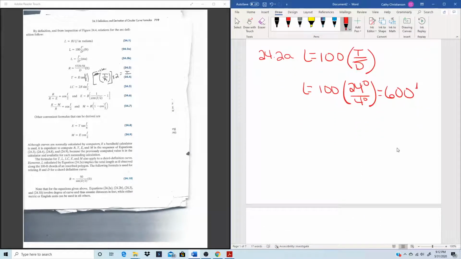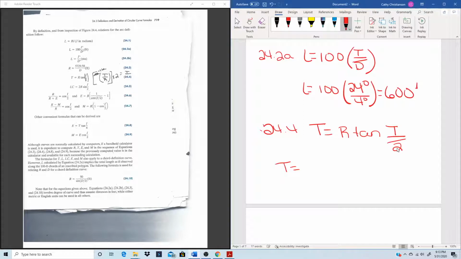Alright, so the next thing I'm going to solve is T. T is equation 24(4), and T equals R tangent of I divided by 2.